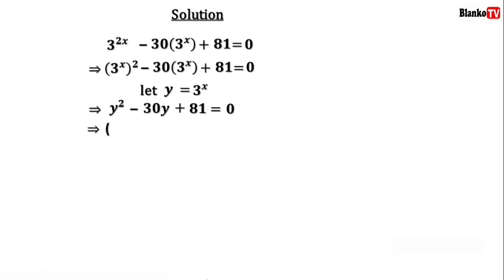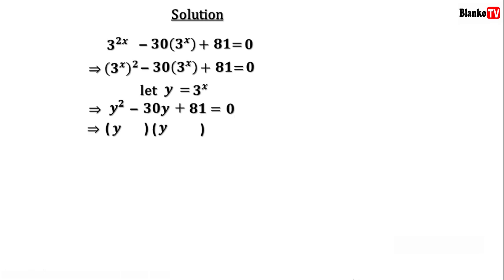So we have y and then y. Okay, so we multiply the coefficient of y squared by the constant, which is 81. So the coefficient is 1, multiplied by 81 is still 81.